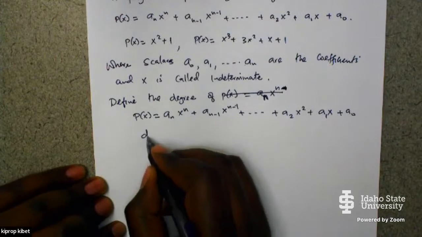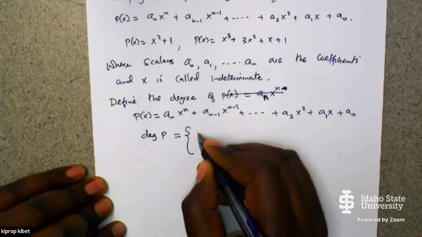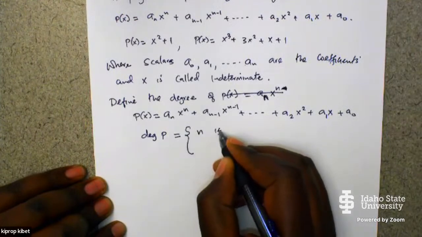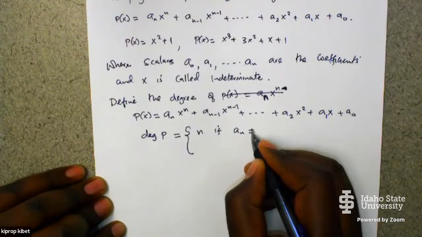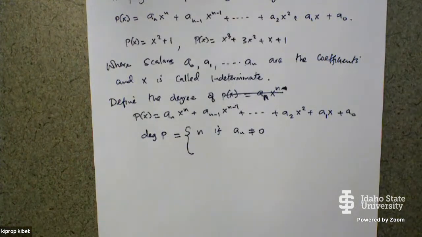The degree of p is equal to n if a_n is not equal to 0.